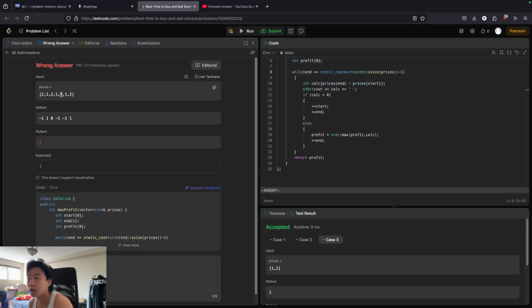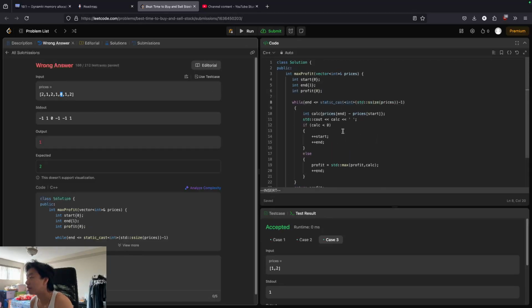I think it's something about the 0. 0 minus 1 is negative 1.